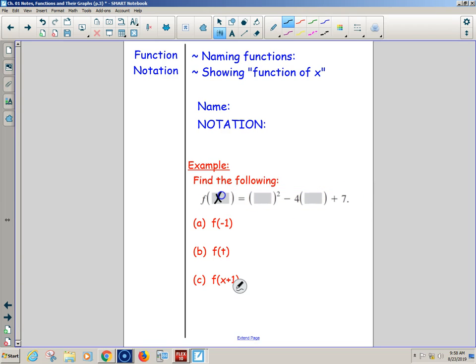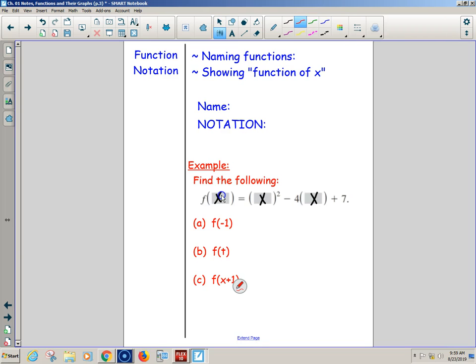Even if you're given f of x is equal to x squared minus 4x plus 7, do you realize that x is really just marking the spot for the input, whatever the input is? So if x can change to t, for instance, let's jump to the easy one. How would this equation change?